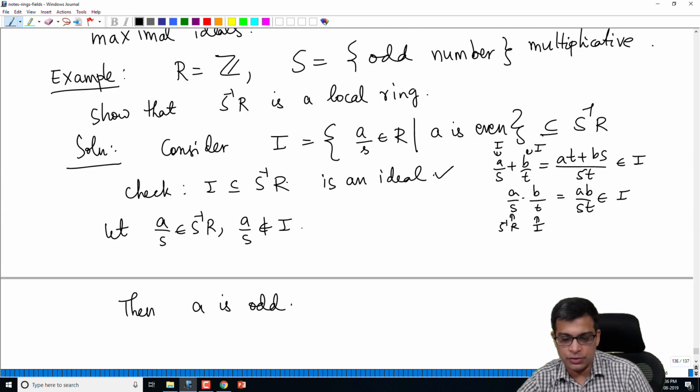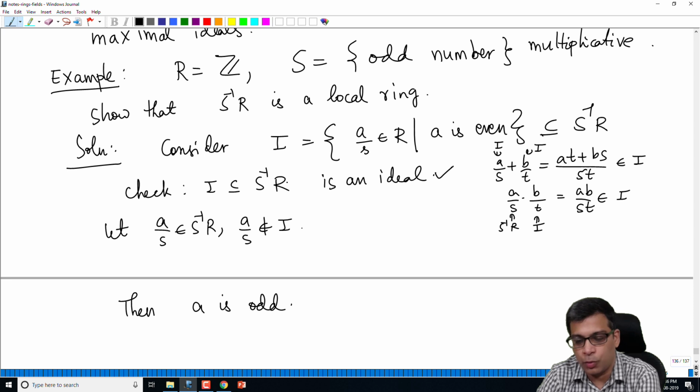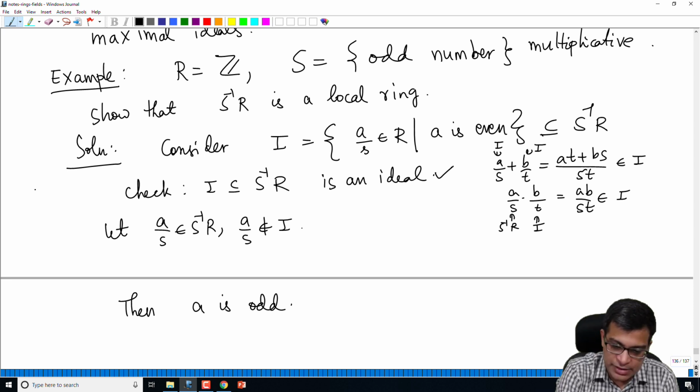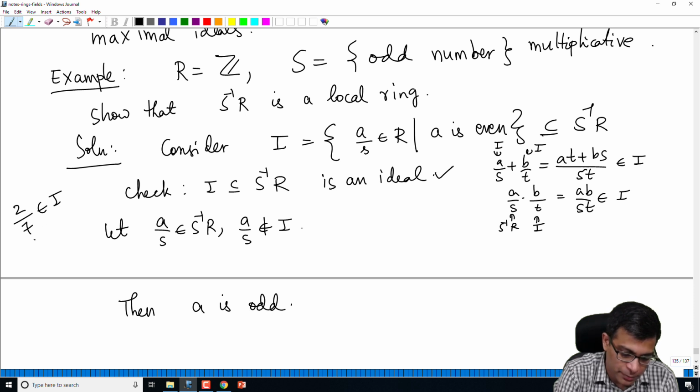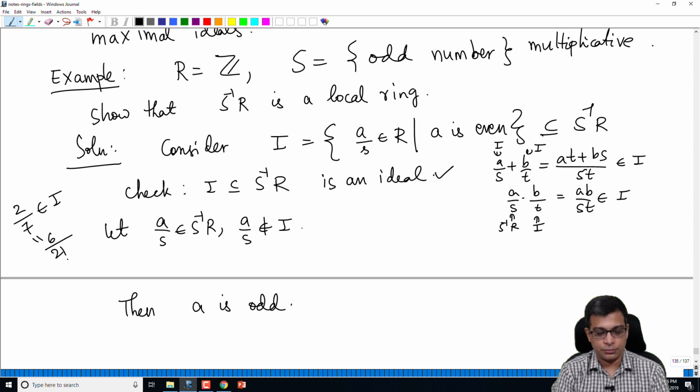Here I am suppressing some things. There could be several representations of A by S. Nevertheless, for all of them, the numerator will be even, or for all of them, the numerator will be odd. For example, 2 by 7 is in I, because the numerator is even. But 2 by 7 may also be written as 6 by 21 by multiplying by 3 on both sides.